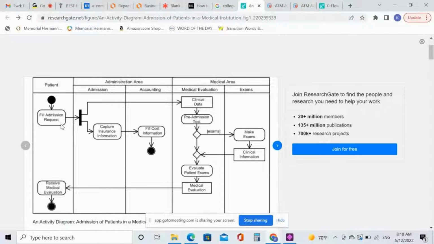And they will examine, like they'll check your history, in the sense of any past issues, or whether you are diabetic or not, your health history.